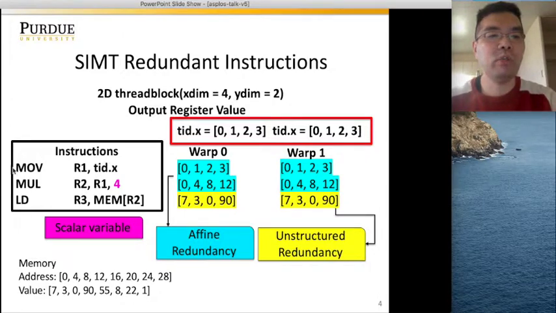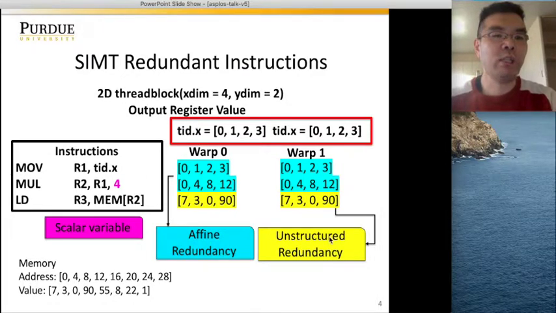Therefore, we call the move and multiply instructions affine redundant instructions with affine output operand values. We can also observe the inter-warp R3 value shares the same pattern, but the intra-warp pattern cannot be recognized. We call the load instruction an unstructured redundant instruction.